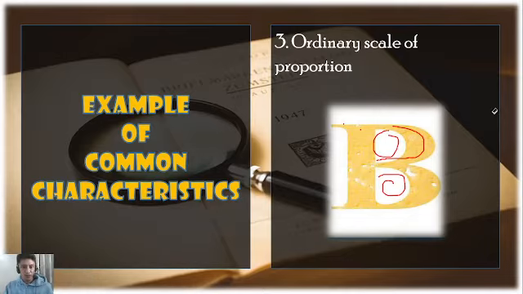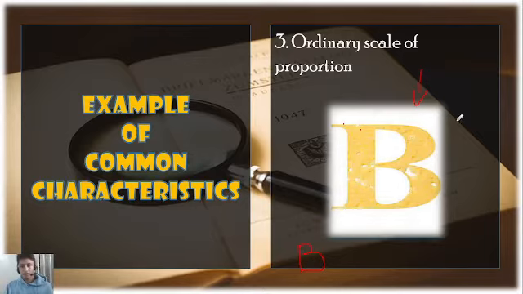Pero meron na, as we grow or as we practice handwriting, meron na yung binabago yung style. So instead, this is the ordinary scale or the standard scale. There are some individuals who are writing letter B na mas malaki yung nasa taas, and then mas maliit yung nasa taas, ina-eyelet, and then mas malaki yung nasa baba.